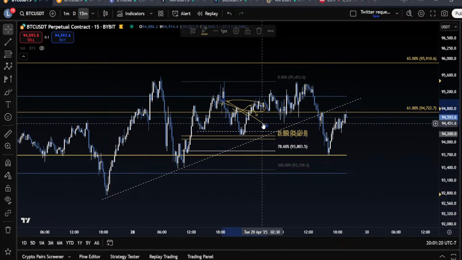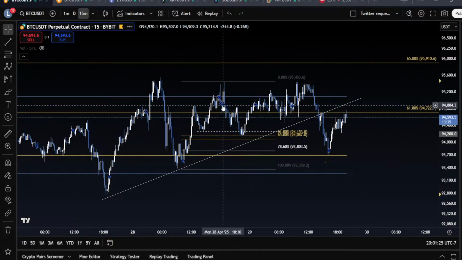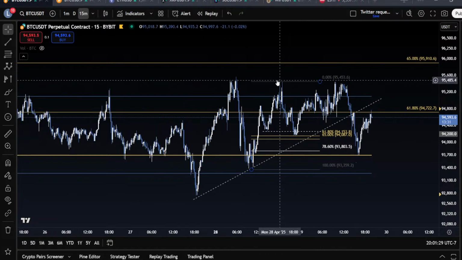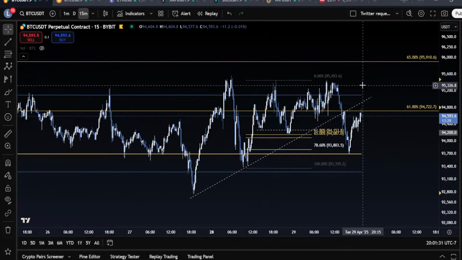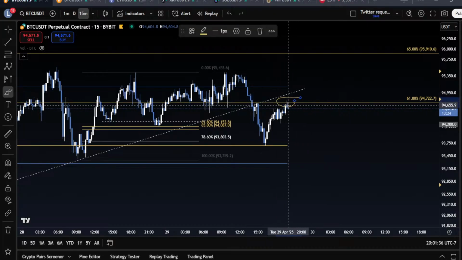But anyways, this is just one of maybe 3, 4, 5, 6 low time frame trades you end up taking in a day, right? It's not really a big deal.